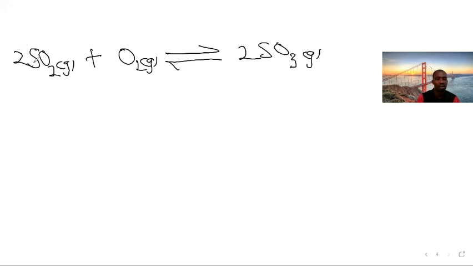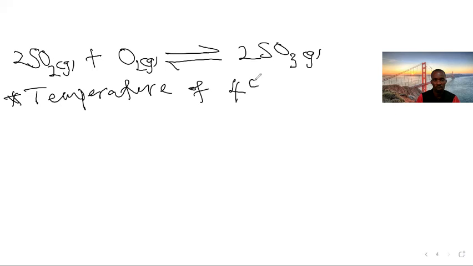Equations must be balanced. Now, at what temperature? Please, the contact process operates at a very high temperature of 450 degrees C. Wow, why would that be? Why would that be when we know that increasing temperature will favor the endothermic reaction? Please remember the idea of rate.